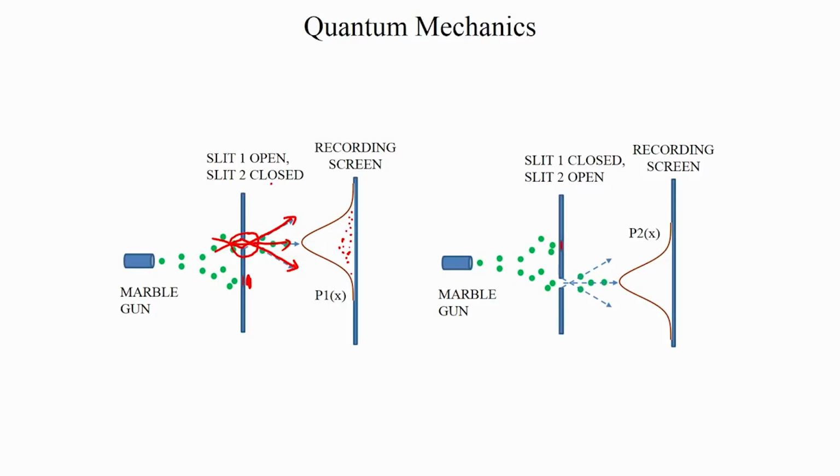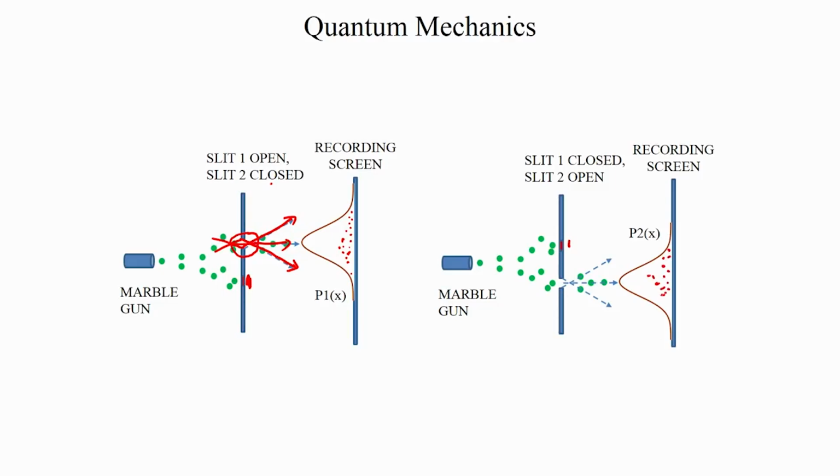On the other hand, if you close slit 1 and keep slit 2 open, you would expect the same profile, only shifted in x. You don't expect the profile over there because there is no path to strike the screen there. Instead, the marbles enter the barrier through slit 2 and impact the screen in this manner.